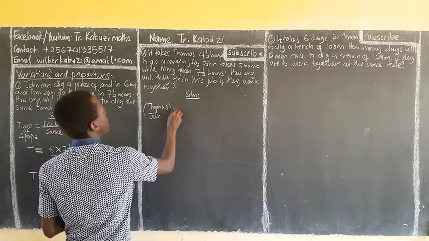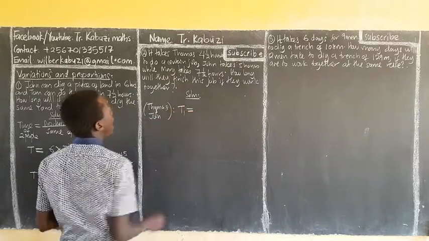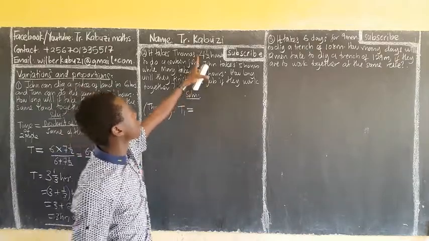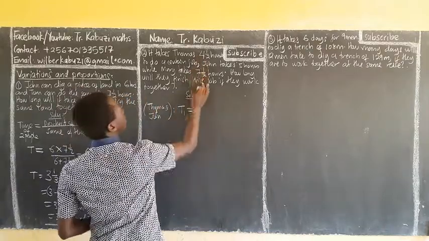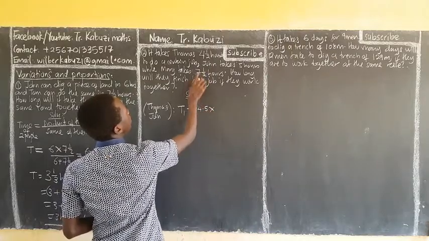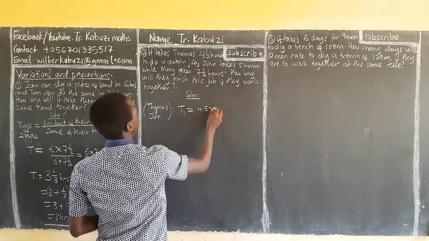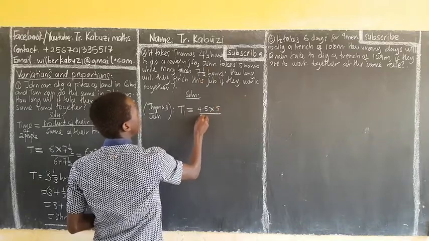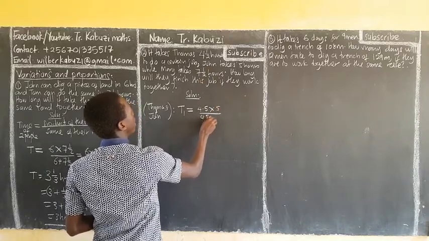Their time will be the product of their time. So this is 4.5, then times John takes 5, over the sum, 4.5 plus 5.